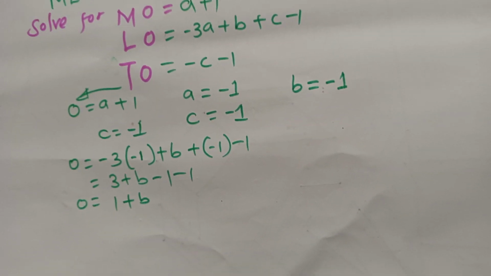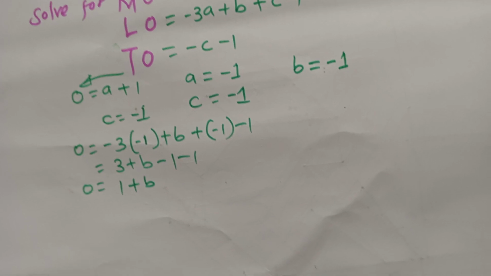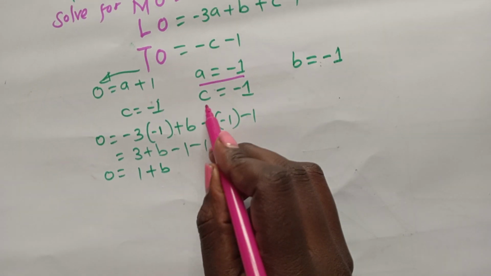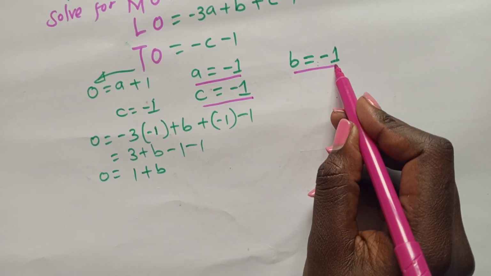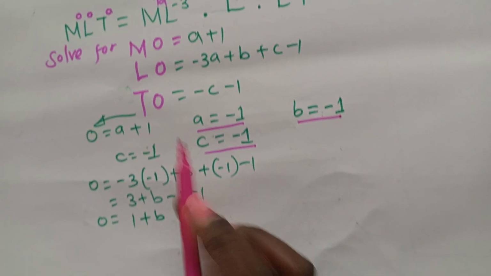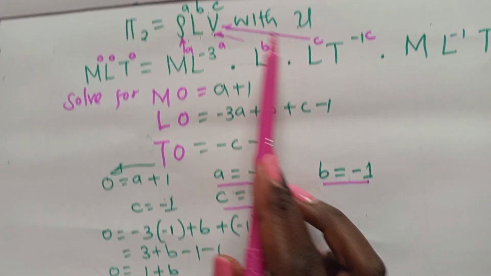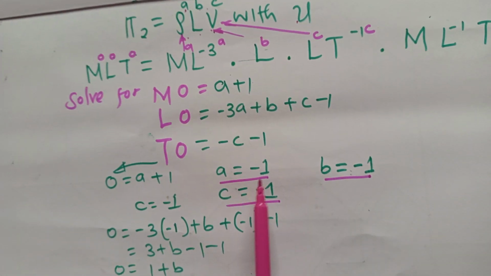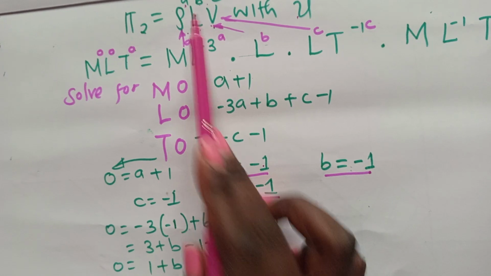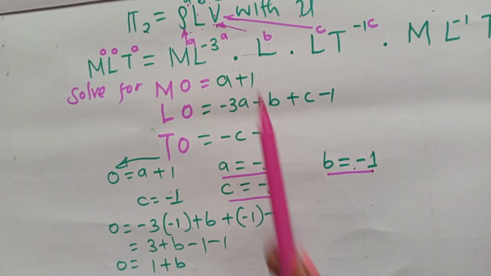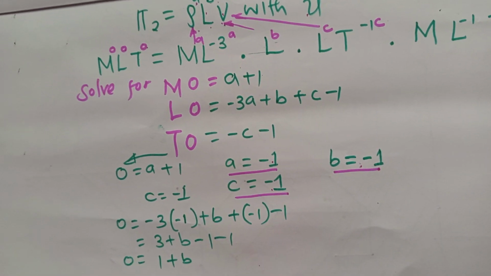So let us now replace our values. You already have A as negative 1, C as negative 1, and B as negative 1. We had written it in the form of rho LV raised to A, B, C with mu. Wherever we have an A, we put in negative 1. Wherever we have B, we put negative 1. And C, we replace with its value, negative 1.